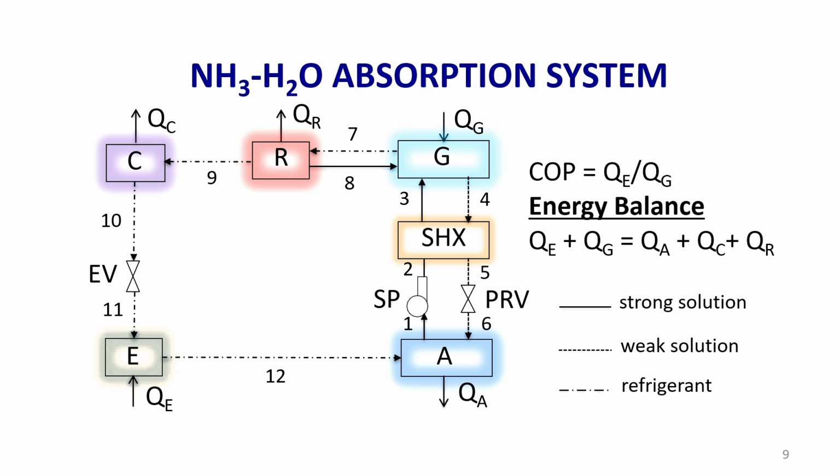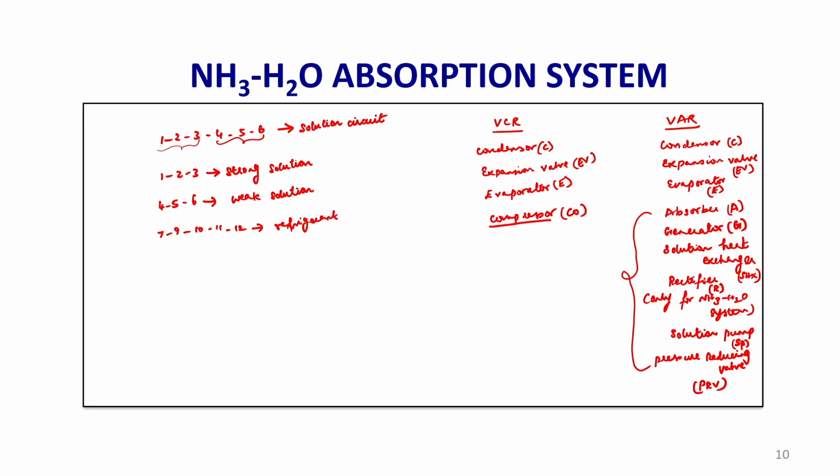Now, let us explain. This is also a 2 pressure system like a vapor compression system: evaporator at low pressure, condenser at high pressure. So, here also, low pressure: the evaporator pressure and absorber pressure are the same.